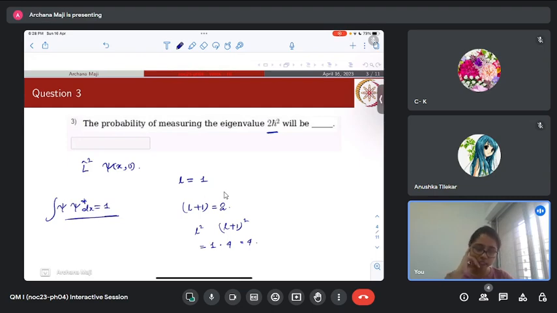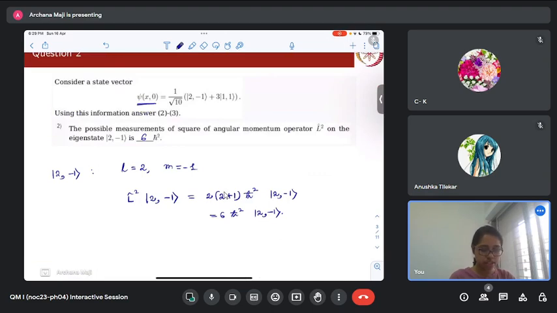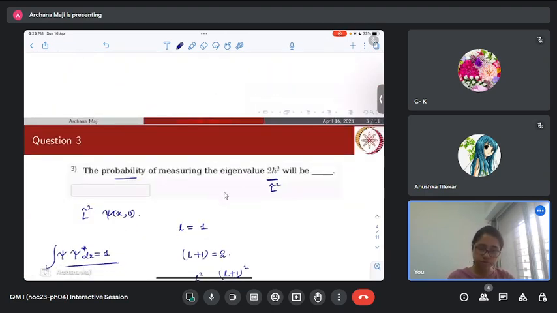But I am asking you how would you calculate probability? Probability of measuring an eigenvalue, and the eigenvalue is of the operator L squared. That is clear from the previous part, since these two parts are related. L square is not mentioned here, but the eigenvalue of L squared is 2h cross square.